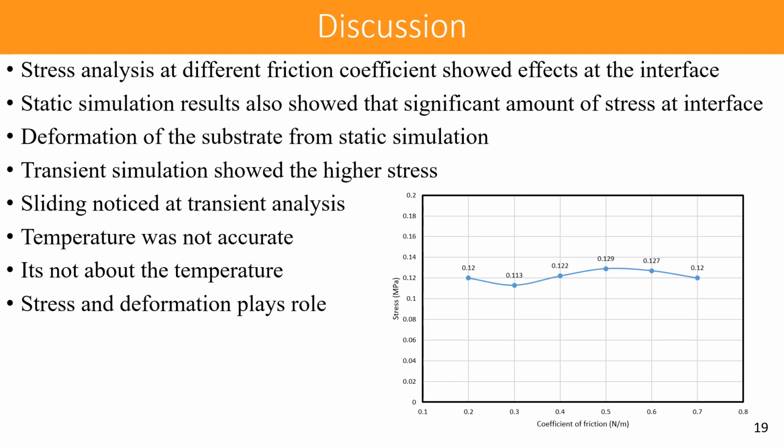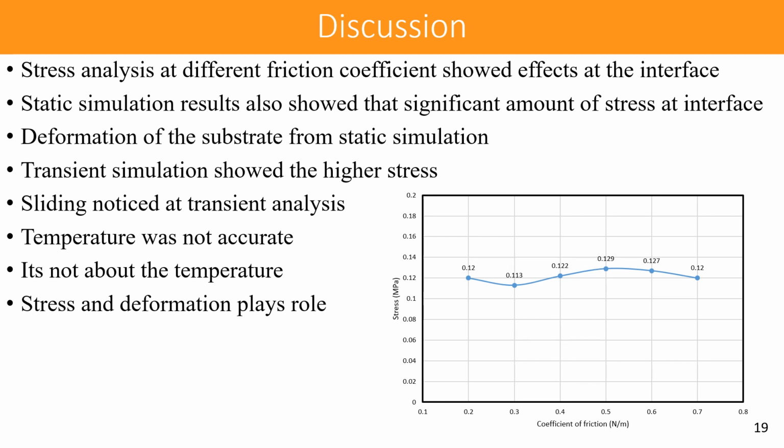The transient simulation showed higher stress because the tool is moving, while the stationary load is just putting load on only one point of the substrate in the structural analysis. And in this transient analysis, I noticed that the sliding is happening, while that sliding could be the horn tip trying to penetrate the specimen.